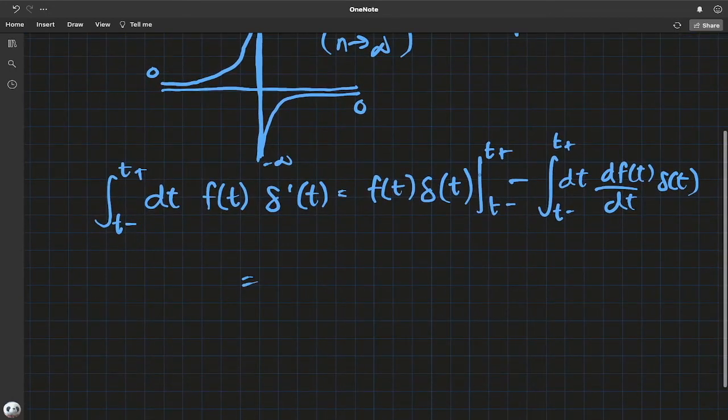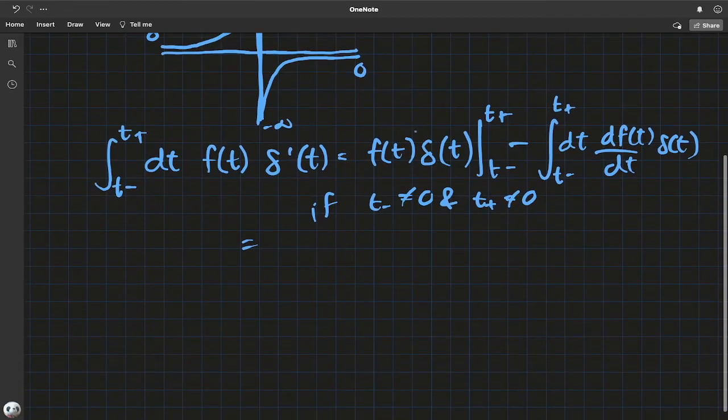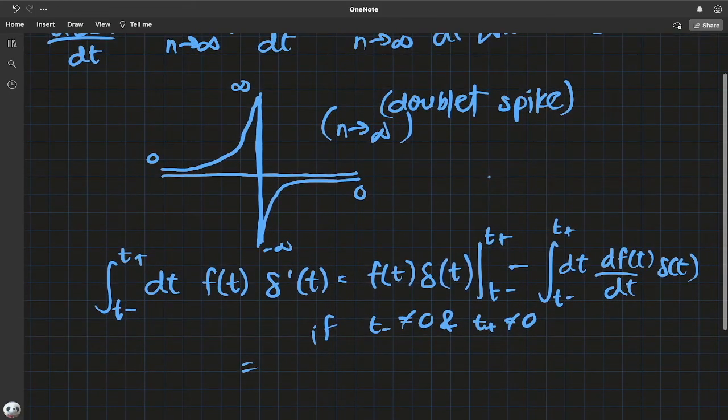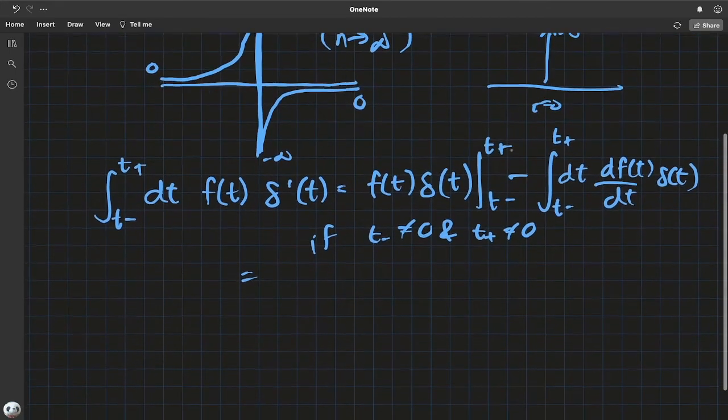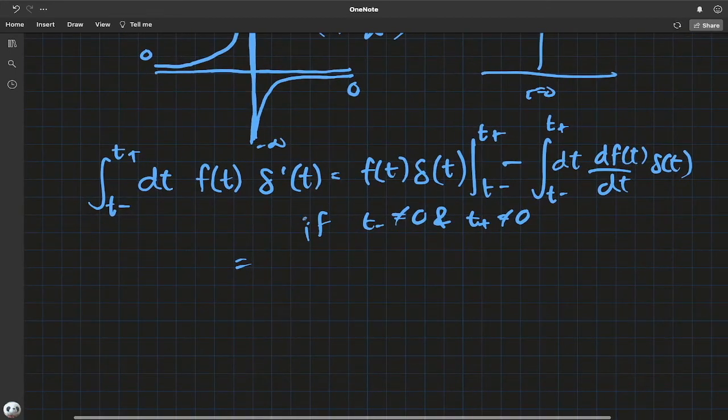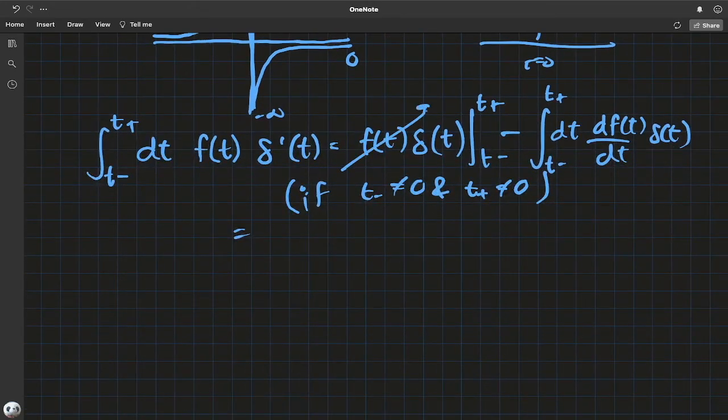The first term, as long as t minus and t plus are not exactly 0, is going to be 0, because if you remember the graph of the delta function, it's a spike just at t equals 0 and 0 everywhere else. Since we are evaluating it everywhere else, using the assumption in the bracket, the first term just becomes 0.